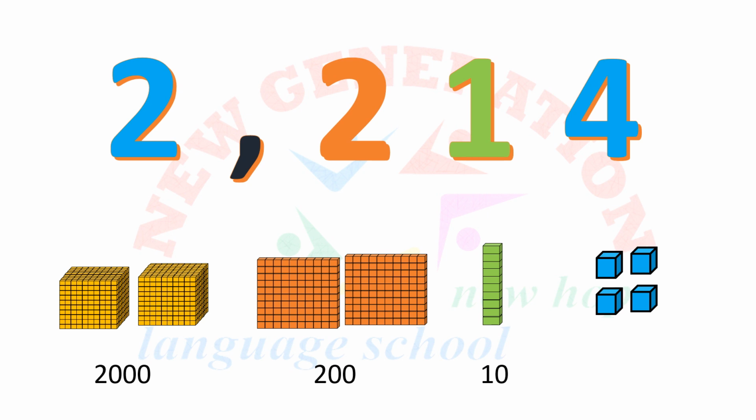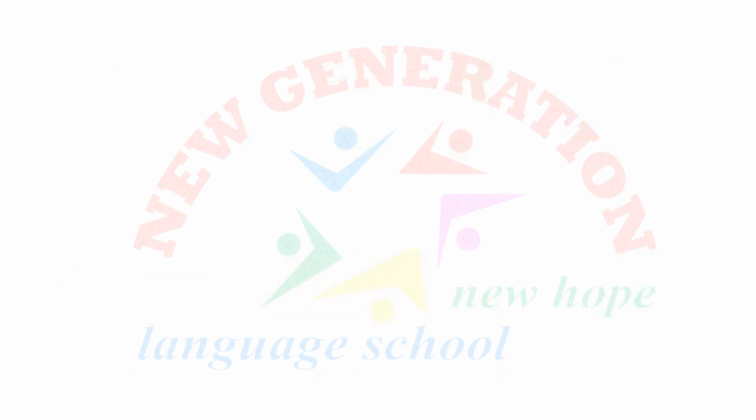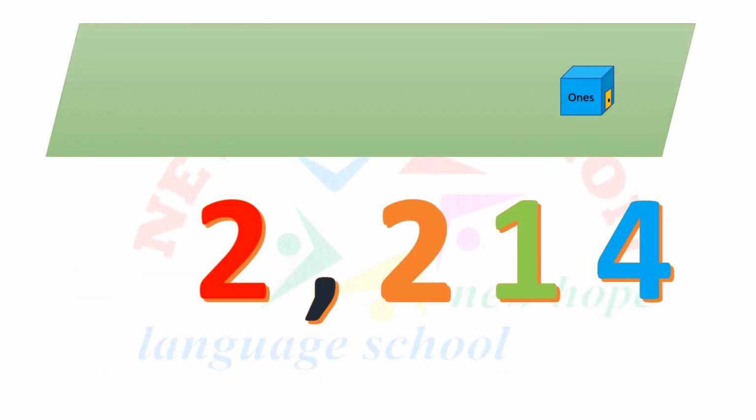Okay, but why did I say that? Why did I say the blue 2 equals 2000 and the orange 2 equals 200? Because of the place value. There is a place of ones.